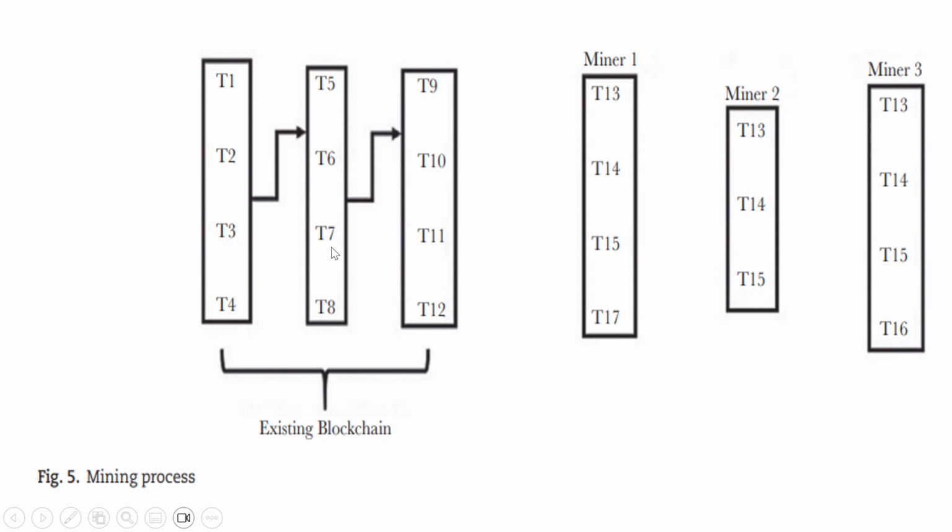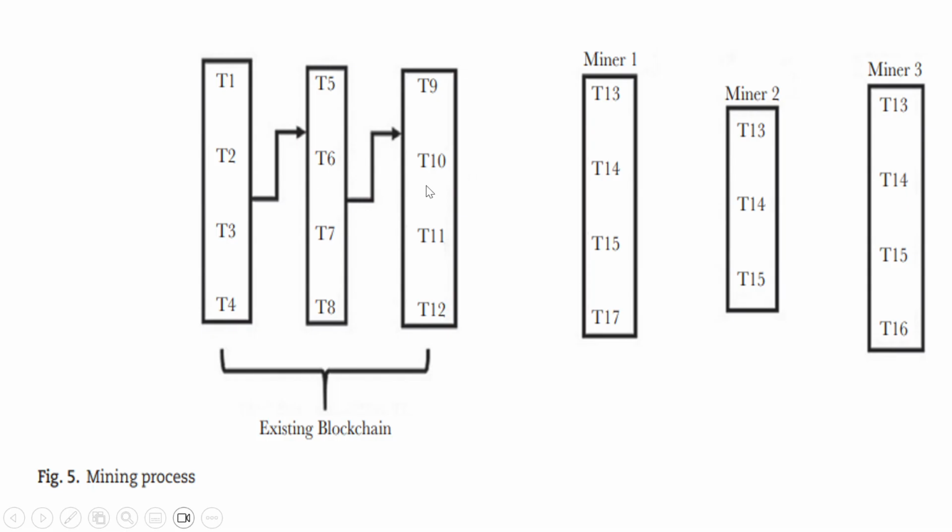Block two has transactions T5, T6, T7, T8, and the third block has transactions T9, T10, T11, T12. These three blocks are already mined and are part of the blockchain network. The arrow means they are chained together, because the block hash value of each block is calculated using the previous block hash value. That is how they are chained together.